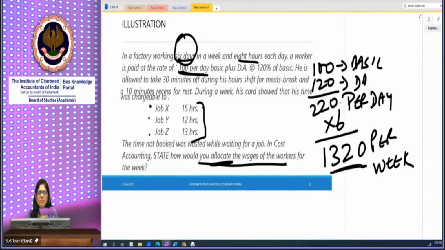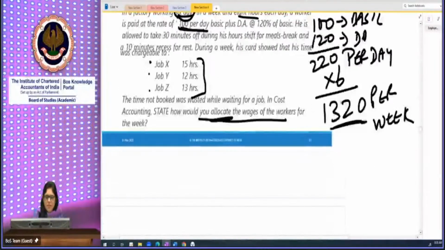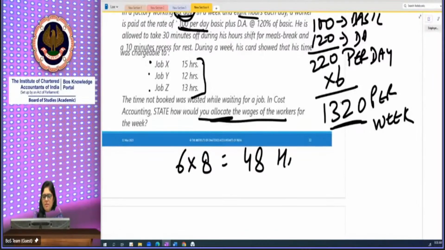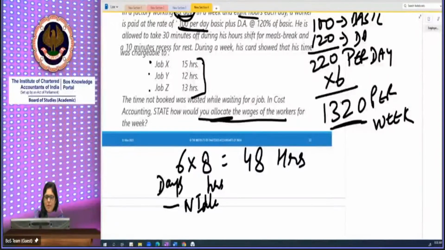Now, how much is the total time? 6 days in a week of 8 hours each. Clear? So 6 into 8, 48 hours total time. We have to calculate for 1 week and 8 hours per day. Out of 48 hours, how much is the idle time? Minus normal idle time. Normal idle time is 40 minutes every day.